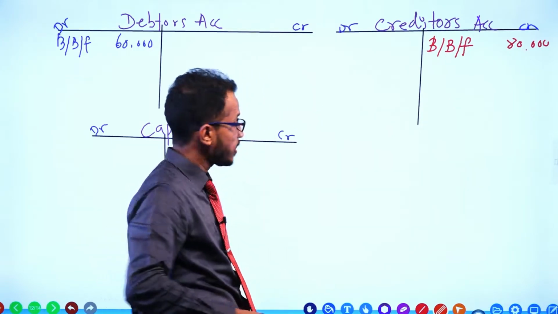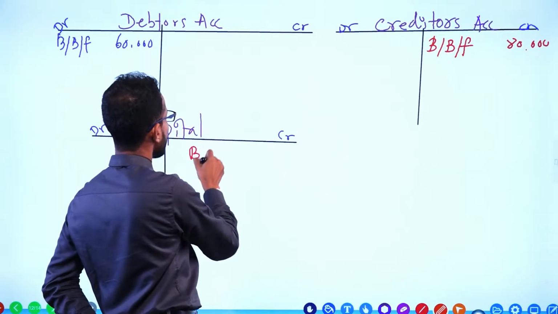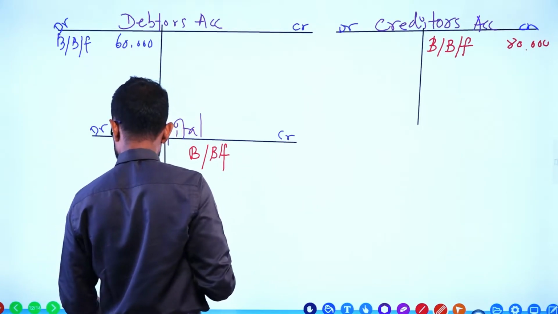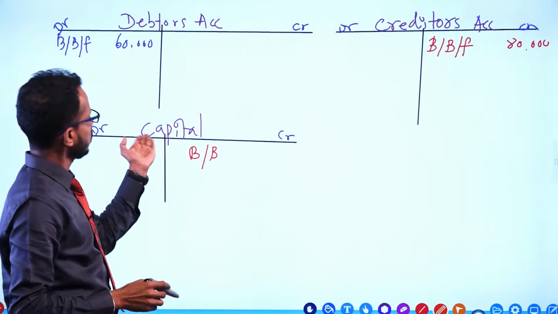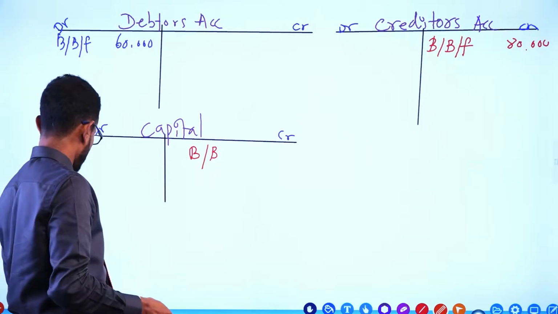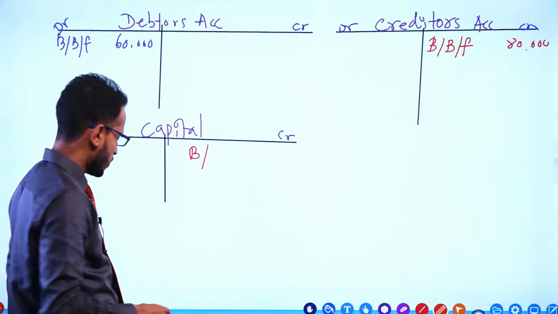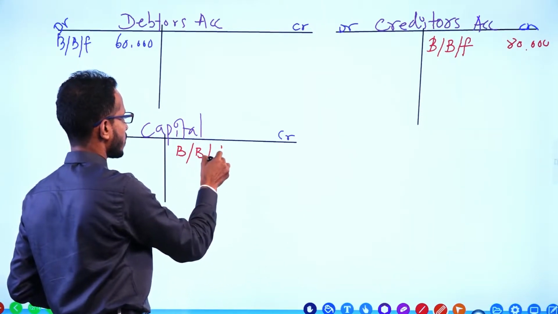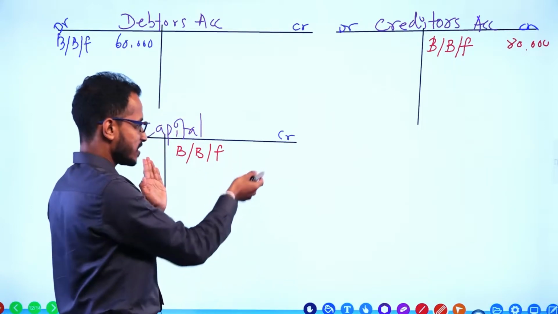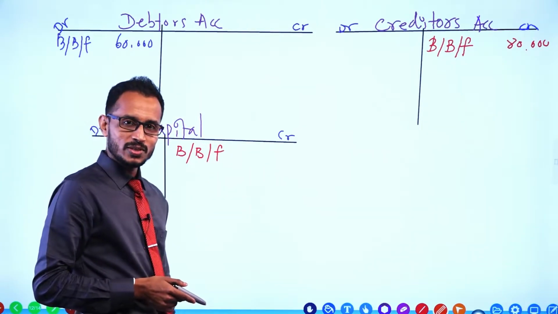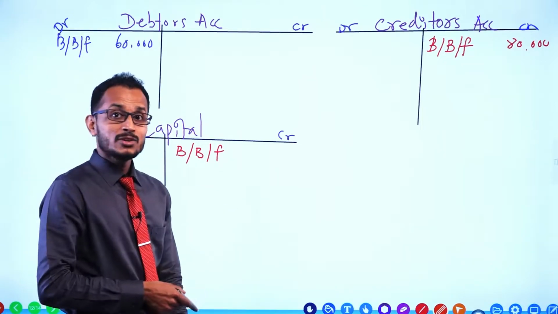On the credit side. Capital, which side? Capital balance in the capital account. The balance brought forward should be on which side? Credit. Why, when I was erasing the balance which I recorded on the credit side, you said debit.